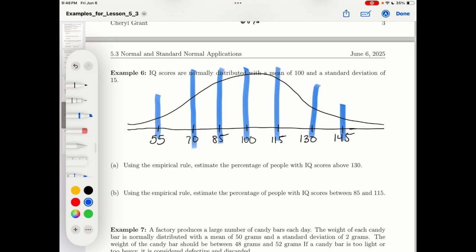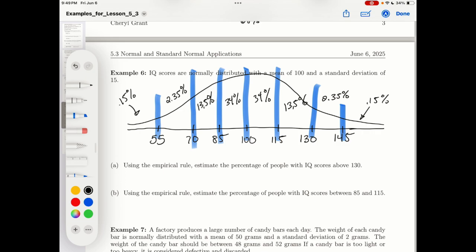Now, making our little areas for the empirical rule, I know that each of these wings is 0.15%. Between these two values is 2.35%. And then this is 13.5%. And then this is 34% and 34%. So we've got our picture drawn.